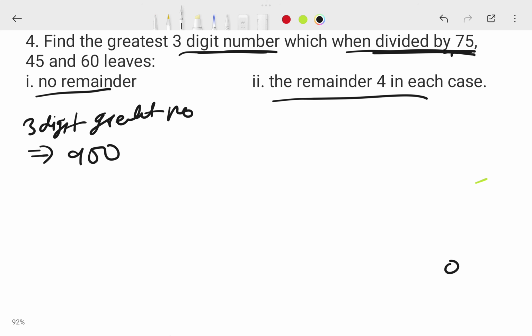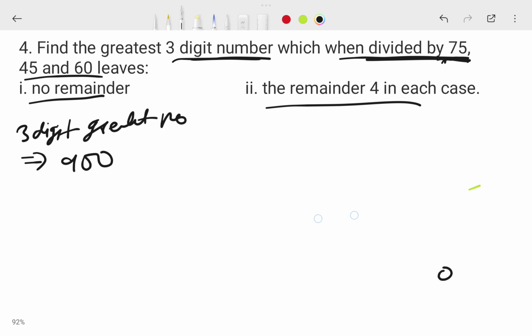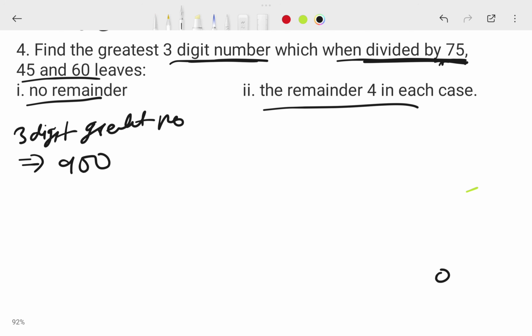If you divide 900 by these numbers, there will be no remainder. If you divide 900 by 75, 45 and 60, it leaves no remainder. So this is the answer.